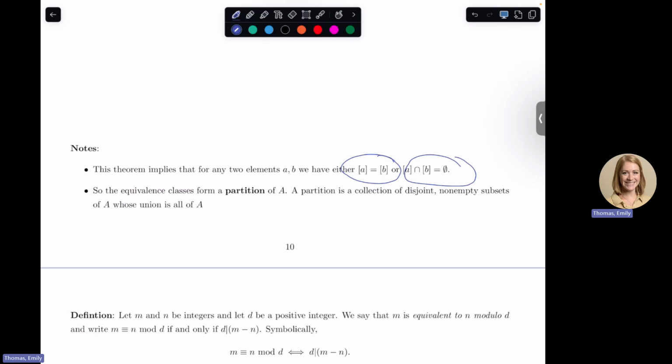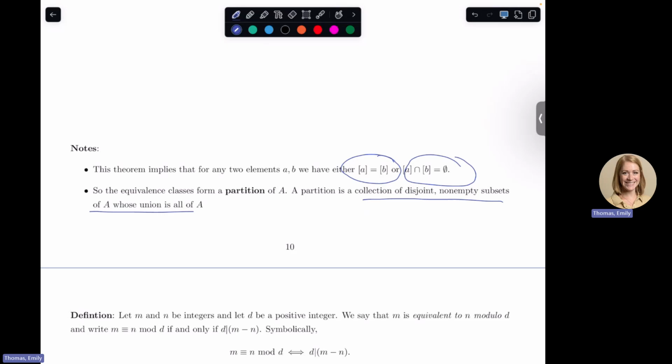So like the evens and the odds are a partition of the integers. Negatives and non-negatives are also a partition of the integers, because you have two disjoint subsets whose union is the whole set. So equivalence classes form a partition of the set also, which is kind of cool.